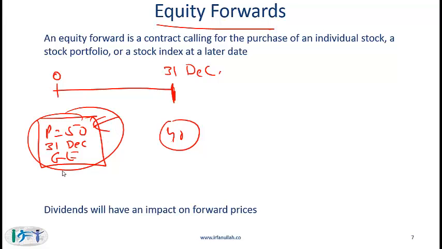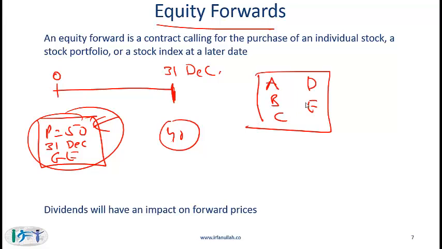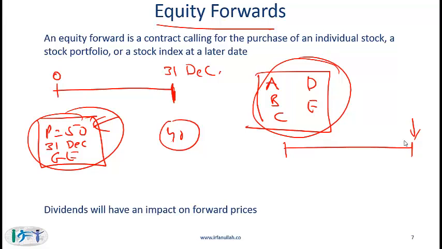If instead of General Electric, we consider a portfolio of, let's say, 5 stocks, and you don't want to sell this portfolio today, but you are concerned about the value of this portfolio going down, what you can do is approach a derivatives dealer and get into a forward contract where you will sell this entire portfolio for a particular price at a particular date.